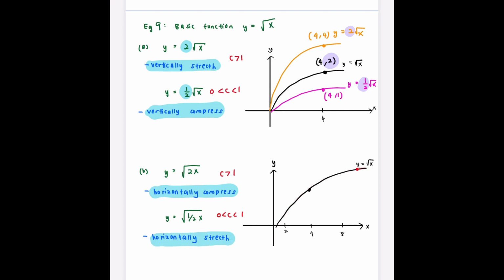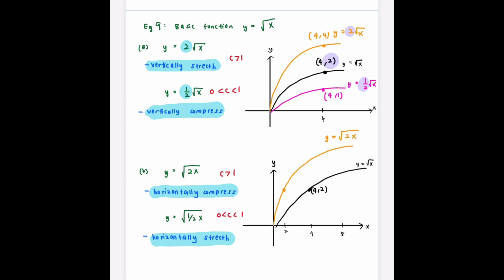Okay, look at this one. This is the basic graph, from the original point 4, 2. If the graph is horizontally compressed, imagine that you compress your x. So your new graph will be here. This is your new graph, y equal to square root of 2x. Okay, what happened to the points?